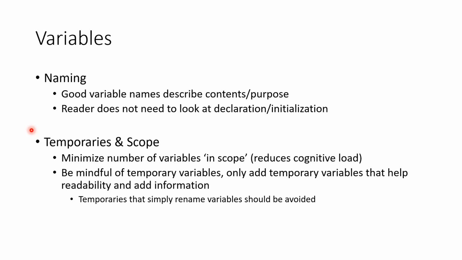If you define them at the beginning of the function, you will need to remember them for the course of the function, and when you want to use them, you might need to go back to the beginning of the function to read the variable initialization, which is really inconvenient when reading code. And don't add temporary variables everywhere. Just add them to help with readability and add information.